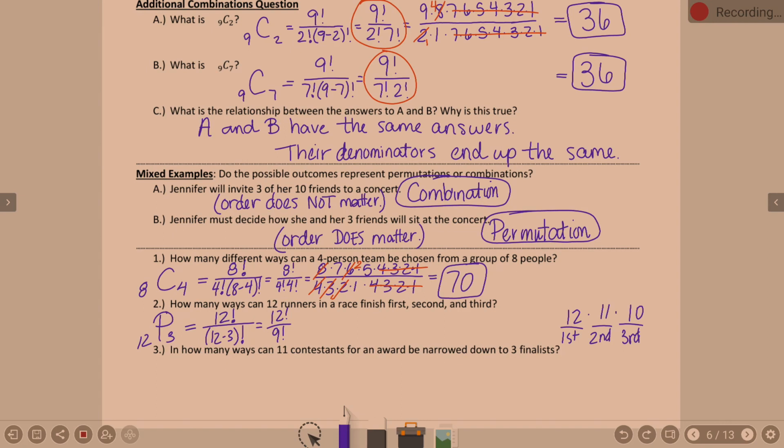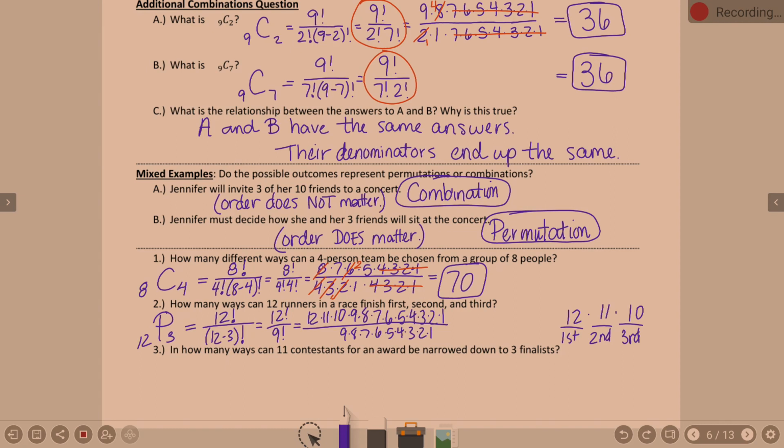Well, 12 factorial is 12, 11, 10, 9, 8, 7, 6, 5, 4, 3, 2, 1. Or maybe you cut that off and quit writing, that's fine. Denominator, 9 factorial: 9, 8, 7, 6, 5, 4, 3, 2, 1.